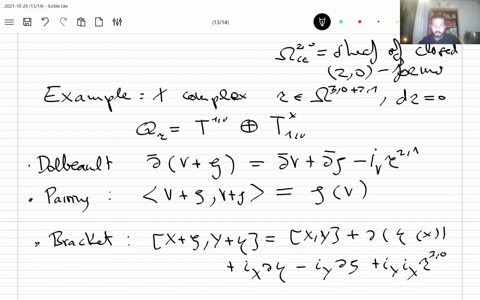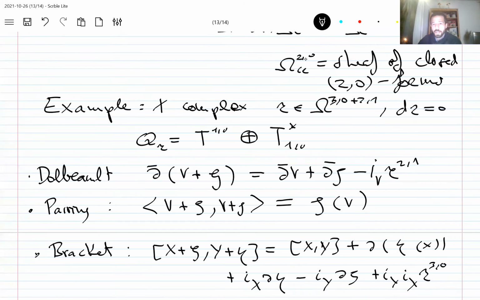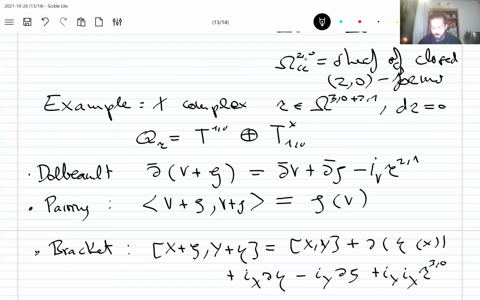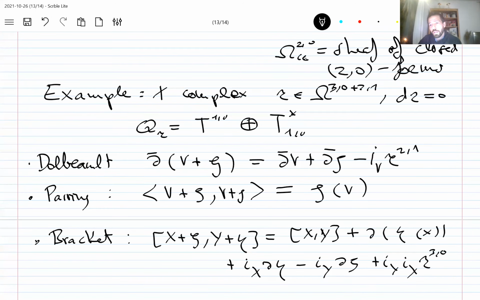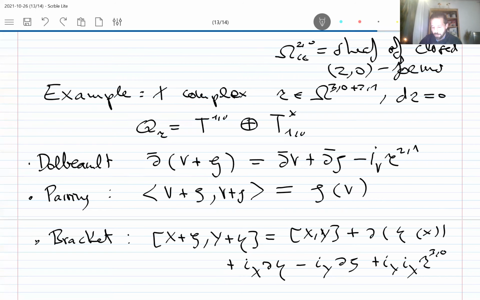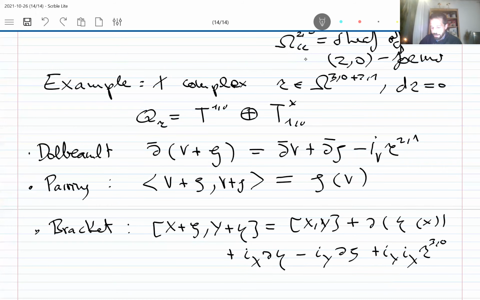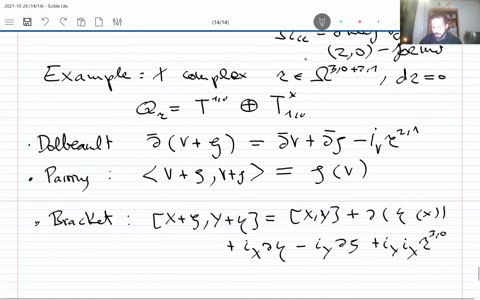So out of tau, which has 3-0 and 2-1 components, we use the 2-1 component to construct the Dolbeault operator, so the holomorphic structure on Q, the structure of holomorphic short exact sequence. And on the other hand, we use the 3-0 bit to cook up this bracket.